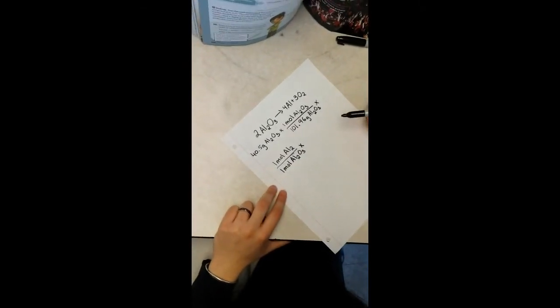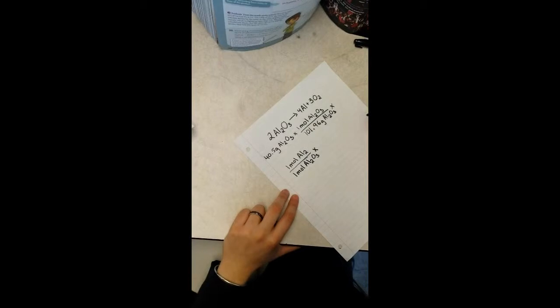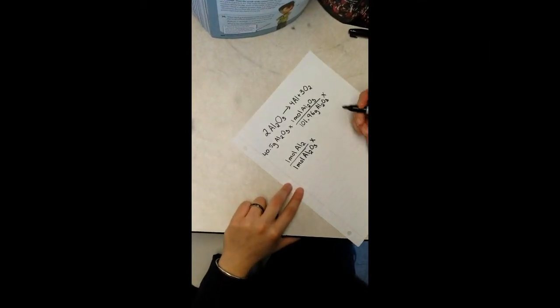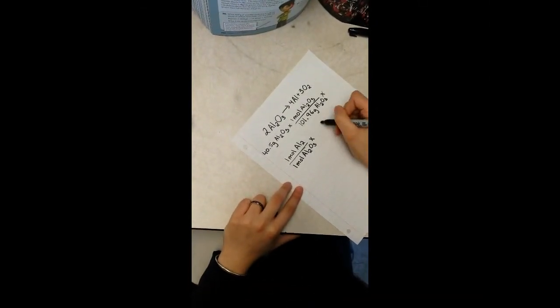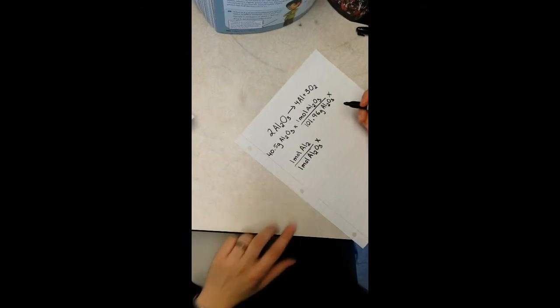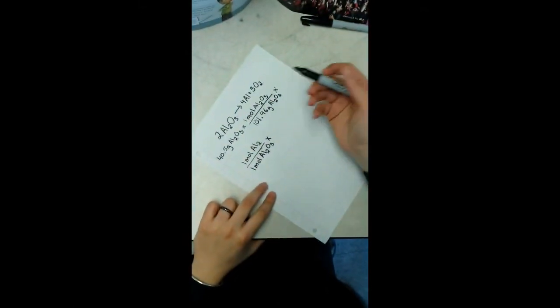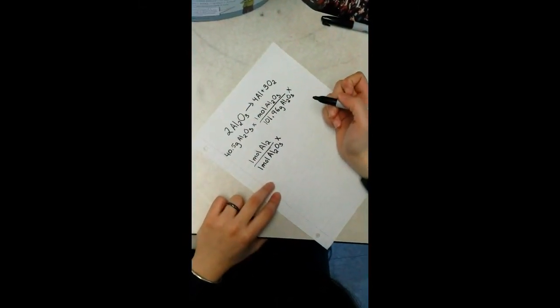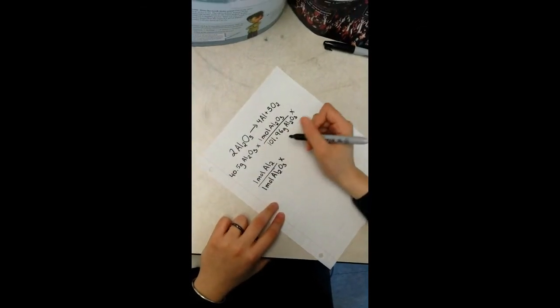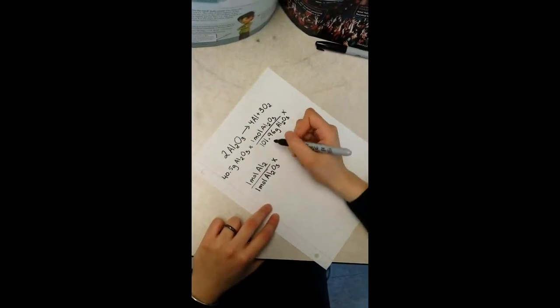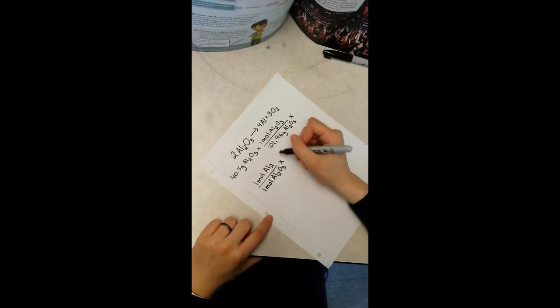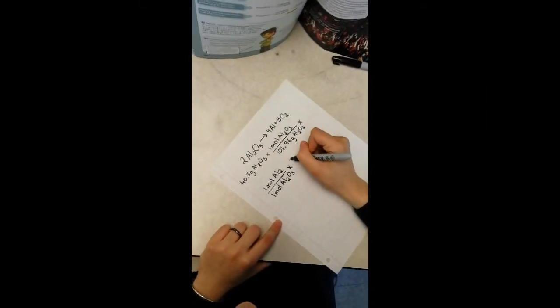And we finish by converting from moles to mass of the product. So we find the mass of aluminum, which is 24, but it's times 2, so it's 50.